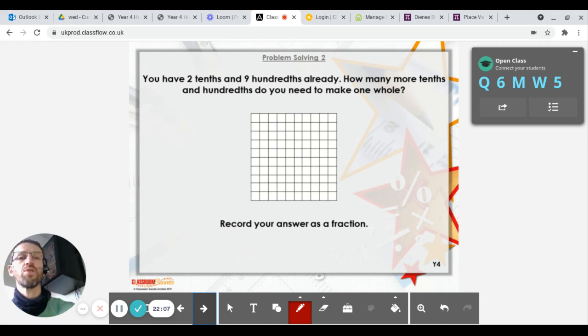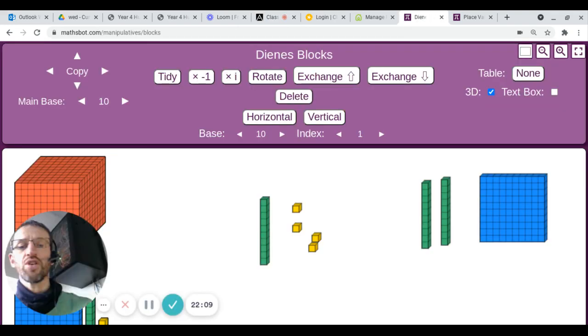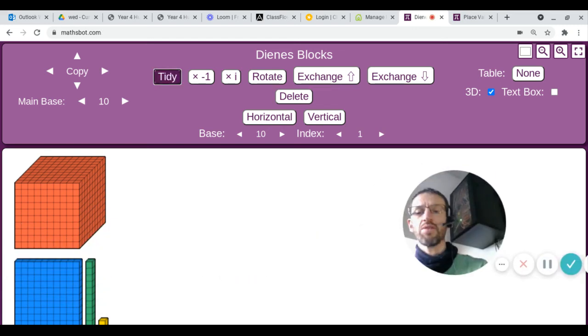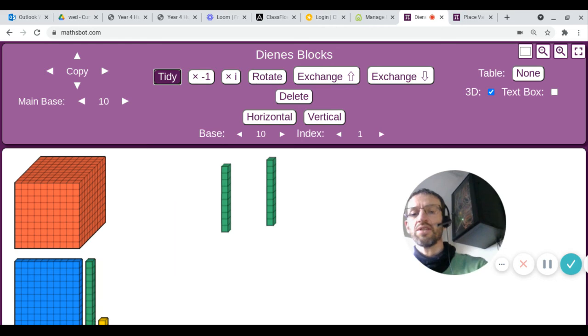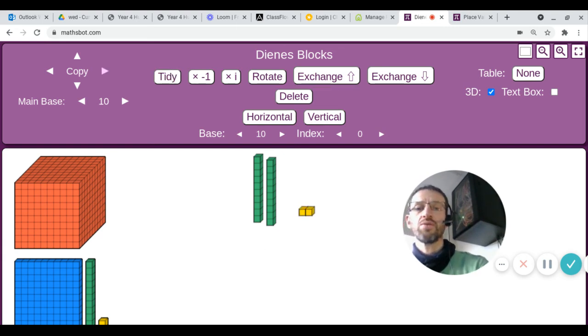Remember, you can also use these. You could say, well, if I tidy this up, I've got 2/10 here, and I've got 9/100ths. If I get 1/100th and put it up there, I can click the copy button. 2, 3, 4, 5, 6, 7, 8, 9.